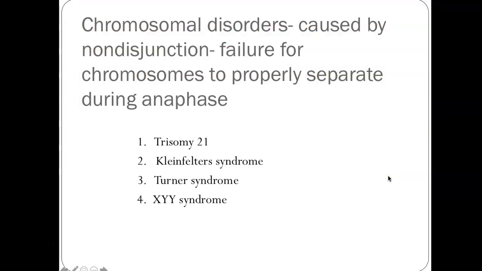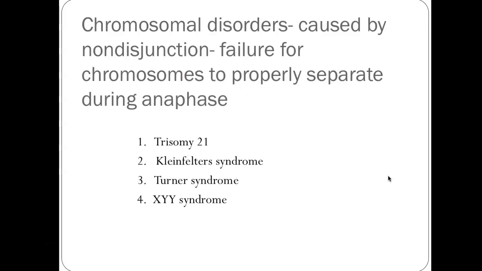Okay. So there is something called chromosomal disorders. It's a genetic disorder that is caused by non-disjunction, which is a failure for a chromosome to properly separate during anaphase of meiosis. That is very important to write down. A failure for chromosomes to properly separate during anaphase of meiosis.